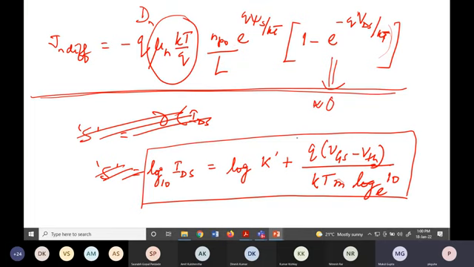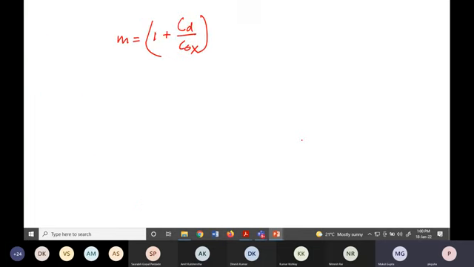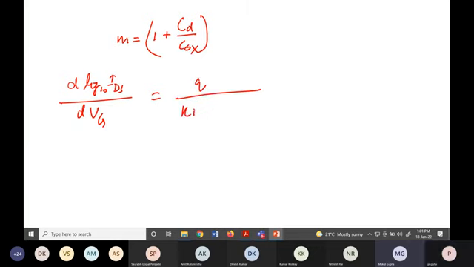CD is the depletion capacitance, Cox is the gate oxide capacitance. Now if you differentiate this log10 IDS with respect to dVg, you will ultimately get a nice small expression, which is this.